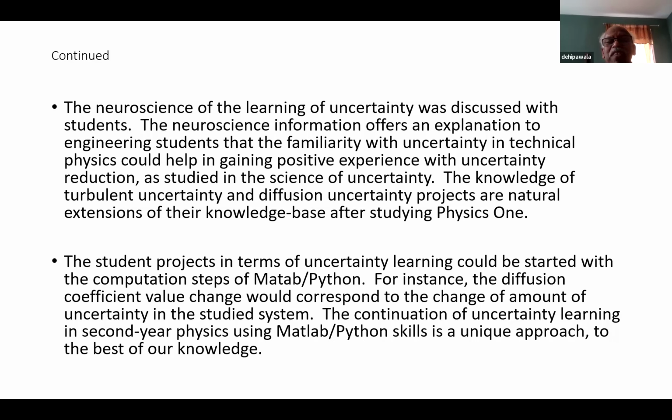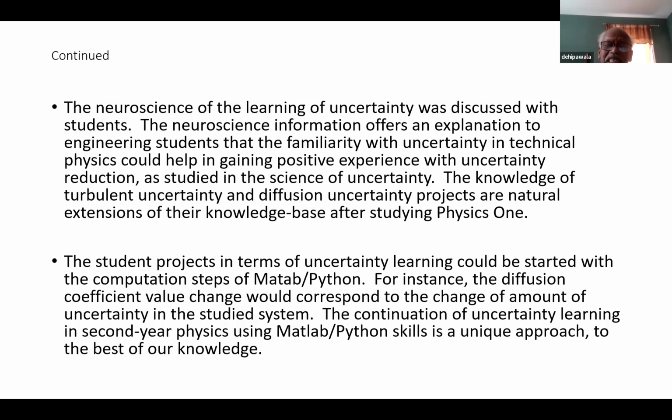The neuroscience of learning uncertainty was discussed with students. The neuroscience information offers an explanation to engineering students that familiarity with uncertainty techniques in physics could help them gain positive experience with uncertainty reduction. As studied in the science of uncertainty, the turbulent uncertainty and diffusion uncertainty project is an extension of their knowledge-based study in Physics 1.